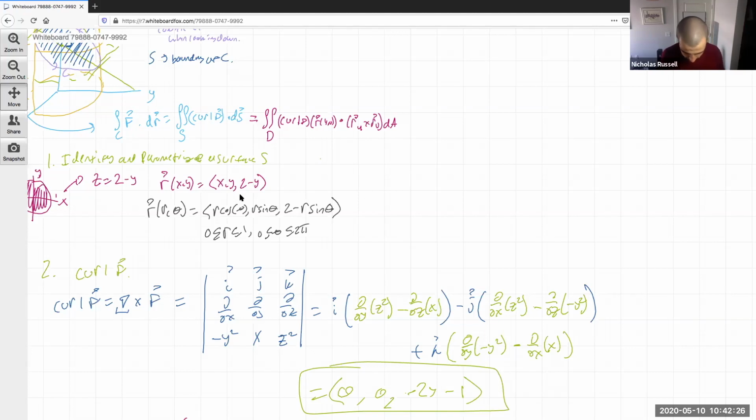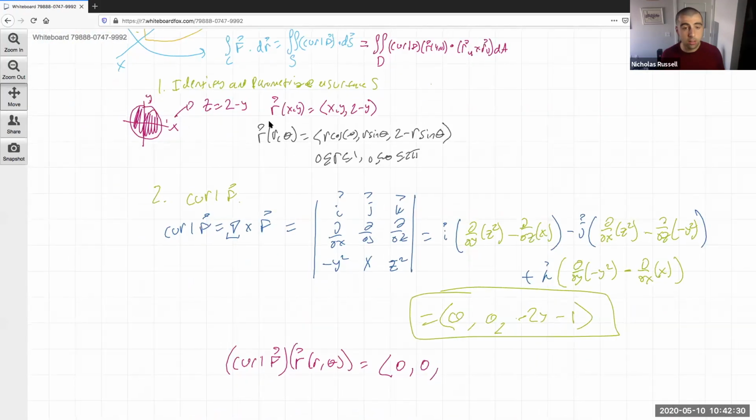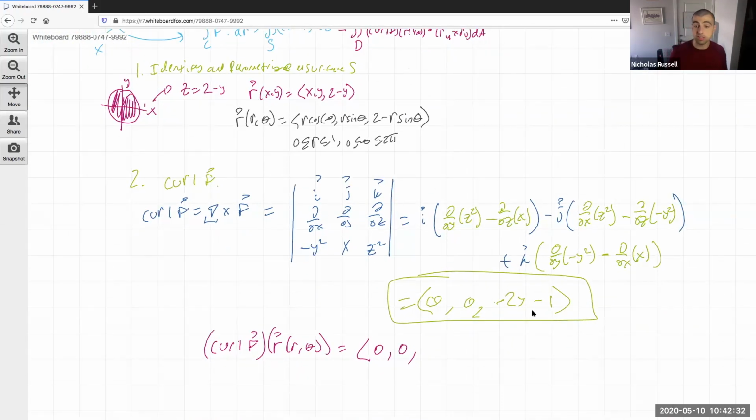And now we see it's going to be 0, 0. Well, my parameterization then becomes, this is going to be negative 2y minus 1. This y is just r sine of theta. So this becomes negative 2 times r sine of theta, minus 1. Cool. That's my curl.